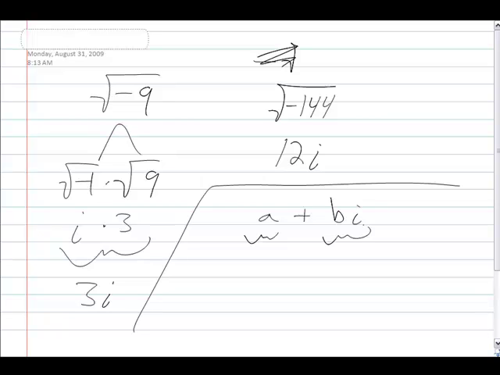Now we have something called the conjugate, which we'll use in a little bit. If we have a plus bi, the conjugate would be a minus bi. If we had a minus bi, the conjugate would be a plus bi. So the real part stays the same, but the imaginary part changes its sign.